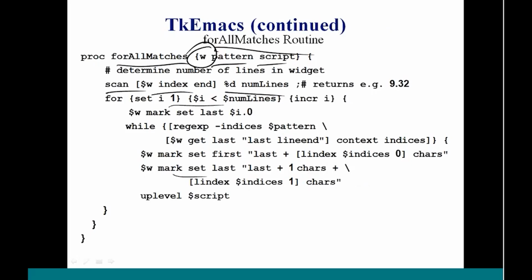So here is another one, the for all matches routine. Here we define for all matches W pattern script, and then we do a scan to see whether that exists. Here we just calculate the number of lines.